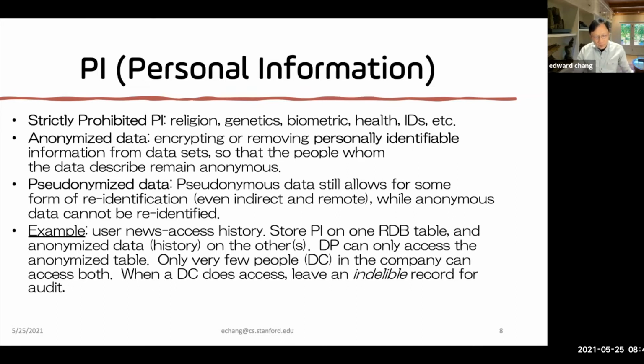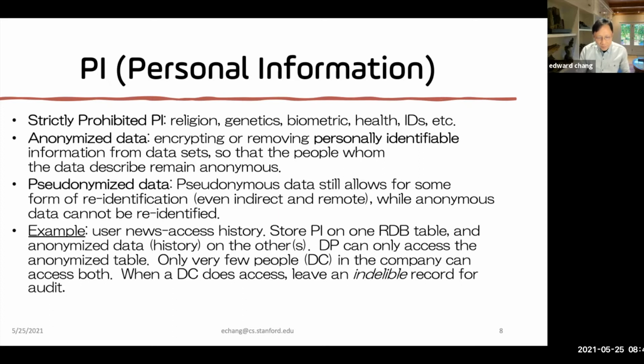So this is an example. Suppose you have data stored by, let's say, Facebook or Google, and they need to worry about two things. One is how to store data, and the second thing is how the data will be accessed, right? And the storage, because when you store data, data will be used. So how the data gets stored can affect privacy.